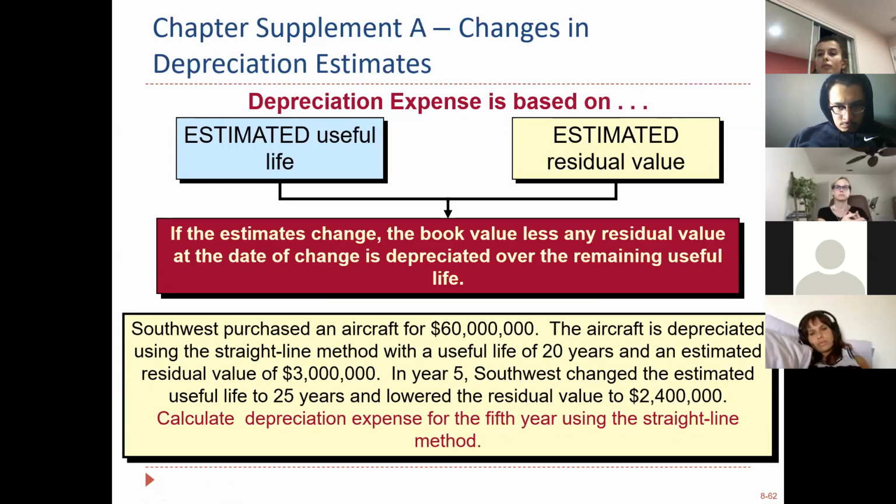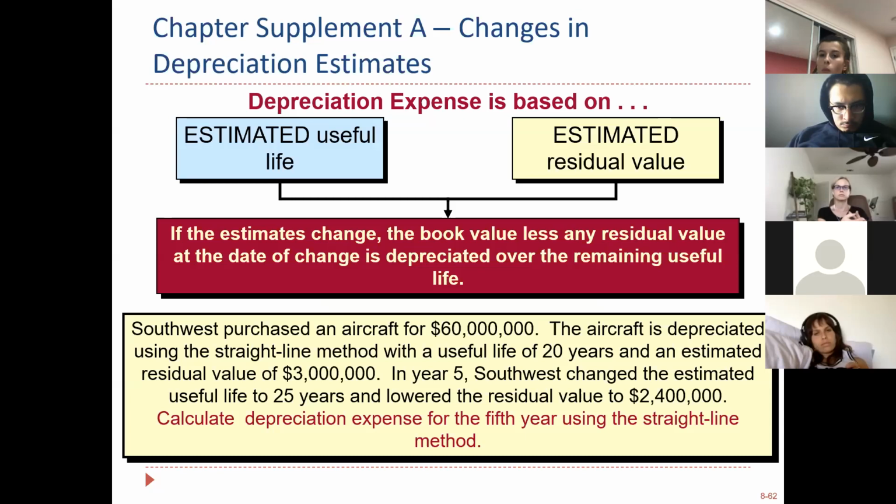Here we go. Southwest bought a plane for $60 million. They're depreciating it for 20 years. Residual is 3. In year 5, and I'm assuming that's at the end of year 5, Southwest changed the estimated life to 20 years, and they lowered the residual.